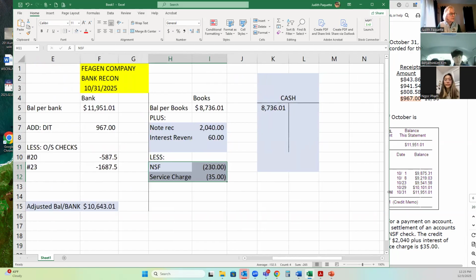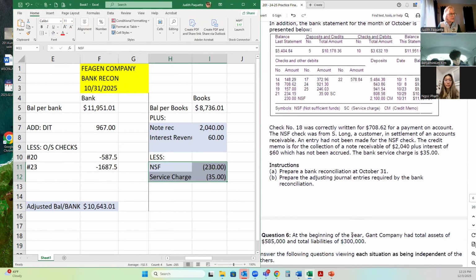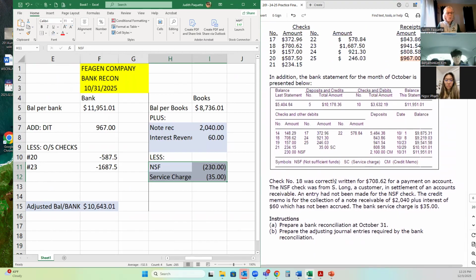And it's check number 18. So now it's time to look at this additional detail. So check number 18 was correctly written for 708.62 for a payment. So 708.62 was cash going out.